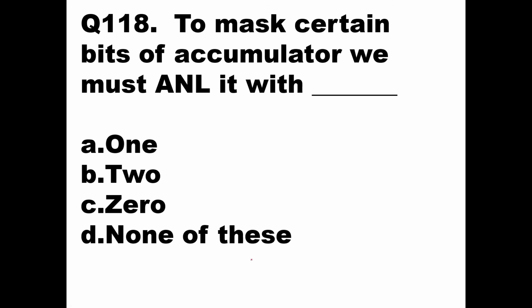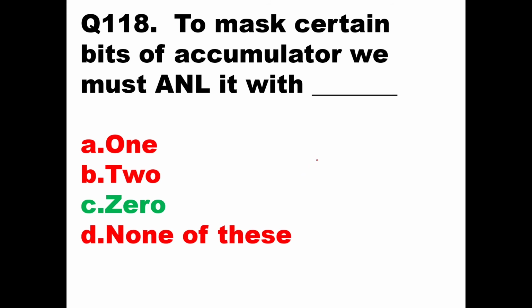For example, if you have a number 1010 and you want to mask it, then you have to AND it with 0000. If you AND it with 0000, it will become 0000, because 1 AND 0 is 0, 0 AND 0 is 0. This is called masking. So here the option will be that it should be ANDed with 0. Option C will be the right answer.